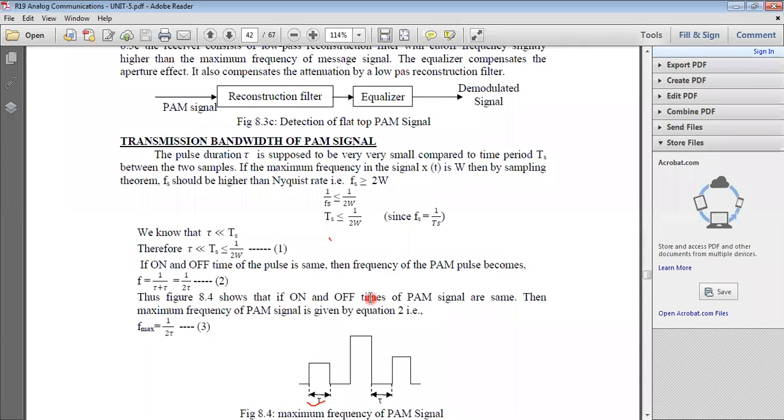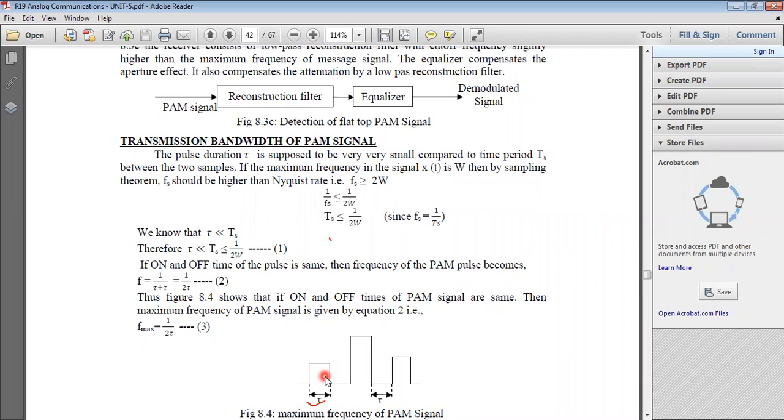Here we take each pulse duration as tau. Suppose in the PAM signal, PAM is nothing but a pulse train whose amplitude changes. Therefore, each pulse amplitude changes in accordance with the amplitude of the message signal.